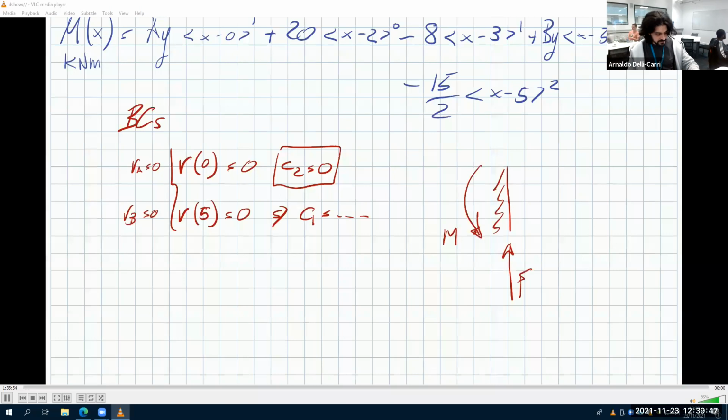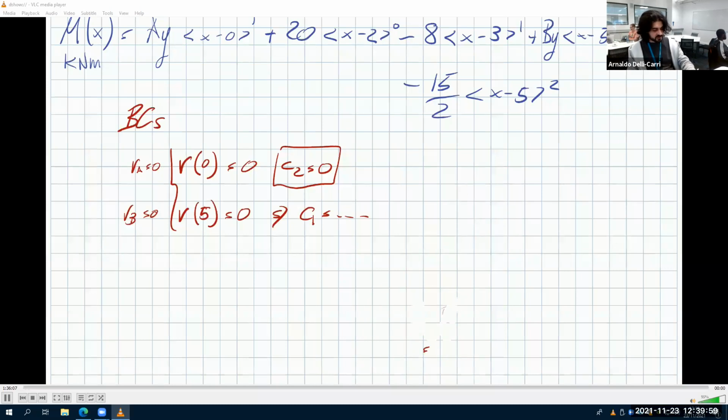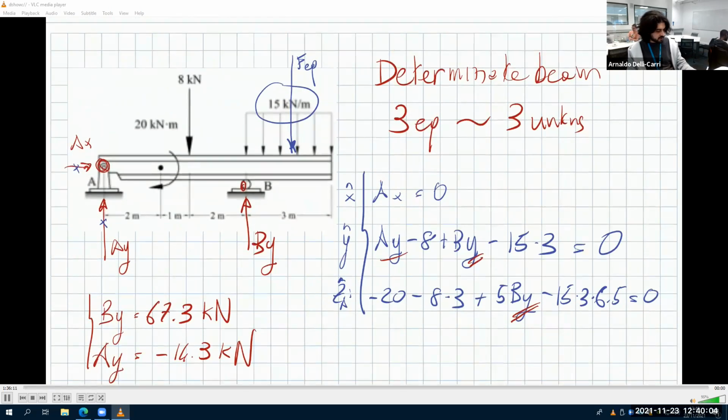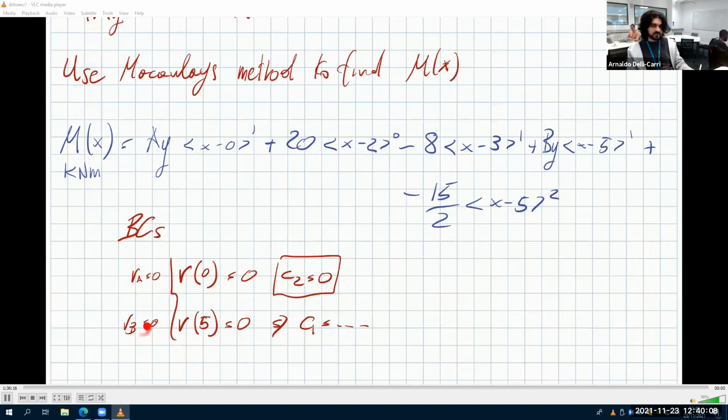So in this case, you have phi of 0 equals 0 and V of 0 equals 0. This one is for the moment and this one is for the force. In this case, we have two forces only, Ay and By. So Ay means V of A is 0 and By means V of B is 0.